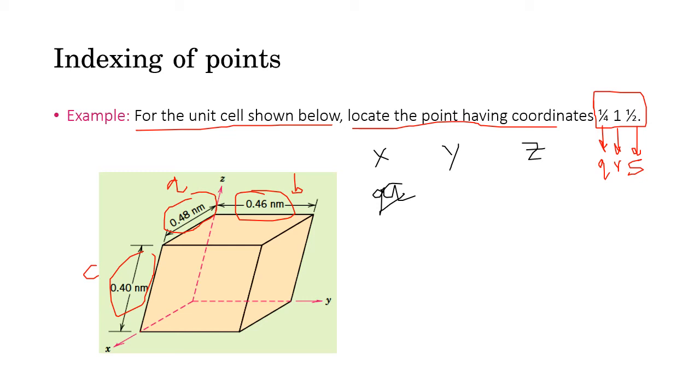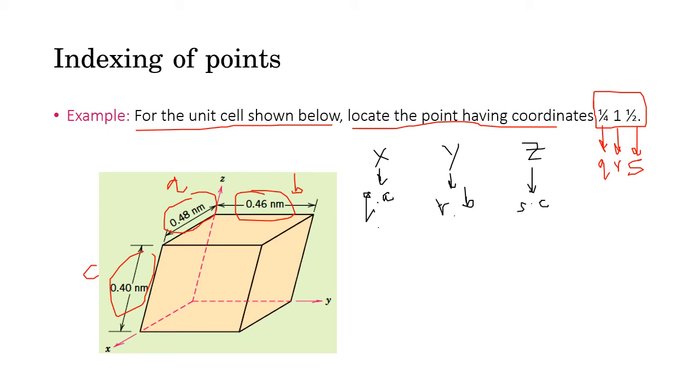So to find out how much to travel along x-axis, we will have to find the product Q times A. Similarly, how much to travel along y-axis is R times B, and then S times C.